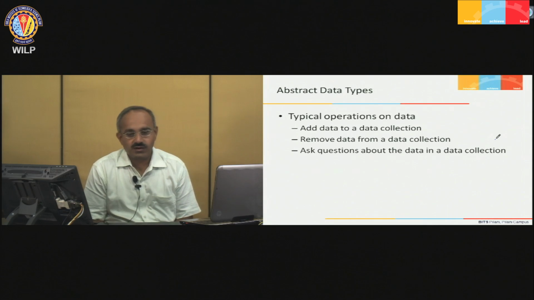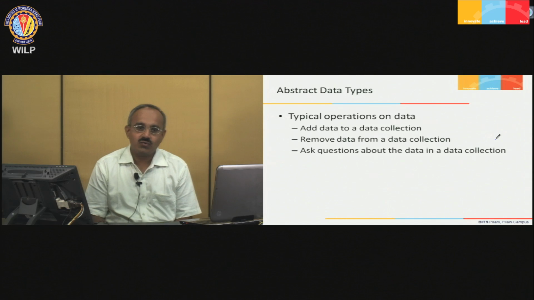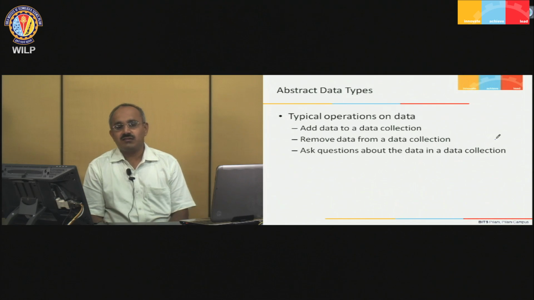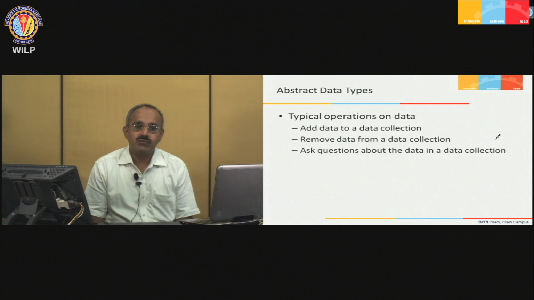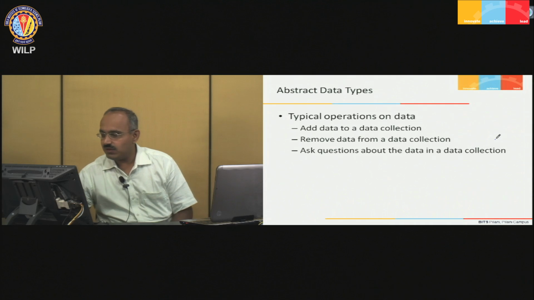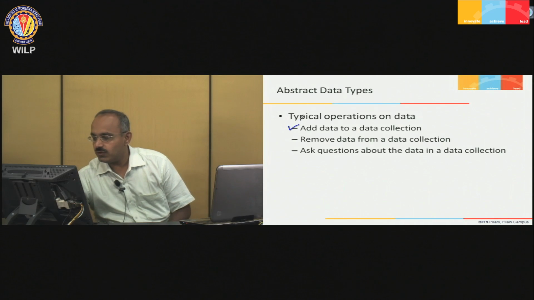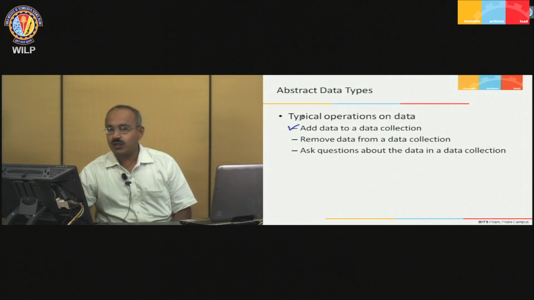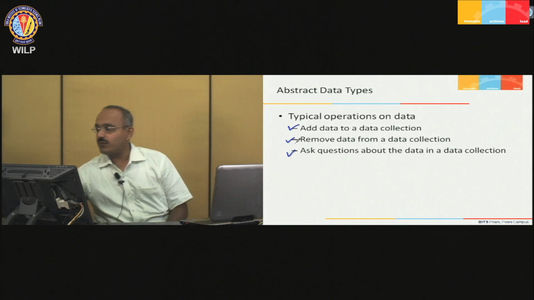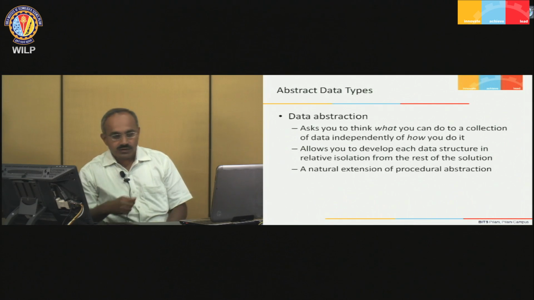We would like to find a particular student ID and see how his performance is. So these are the three typical operations that we do on a data set: add, delete and query. That is precisely the three things being said here. You can add data to a data collection, you can remove, or you can query the database.